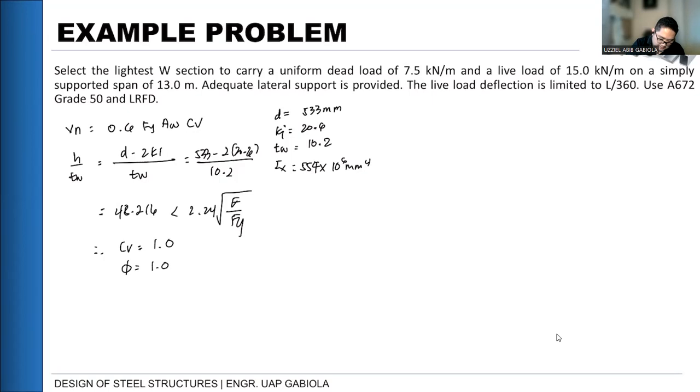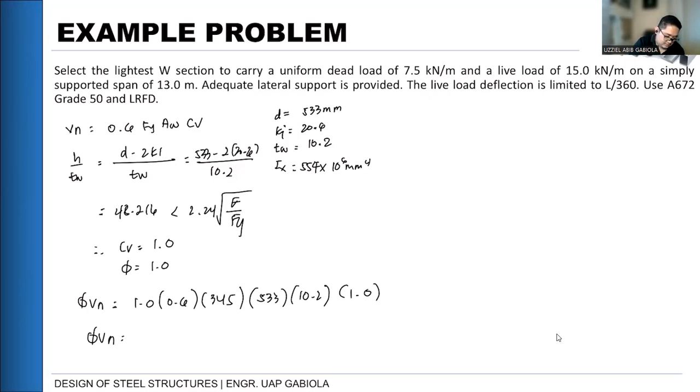Okay? So, ang phi Vn is equals to 1.0 times 0.6. Then Fy is 345. AW is D times TW times yung CV na 1.0. So 1.0 times 0.6 times 345 times 533 times 10.2 times 1. Okay?